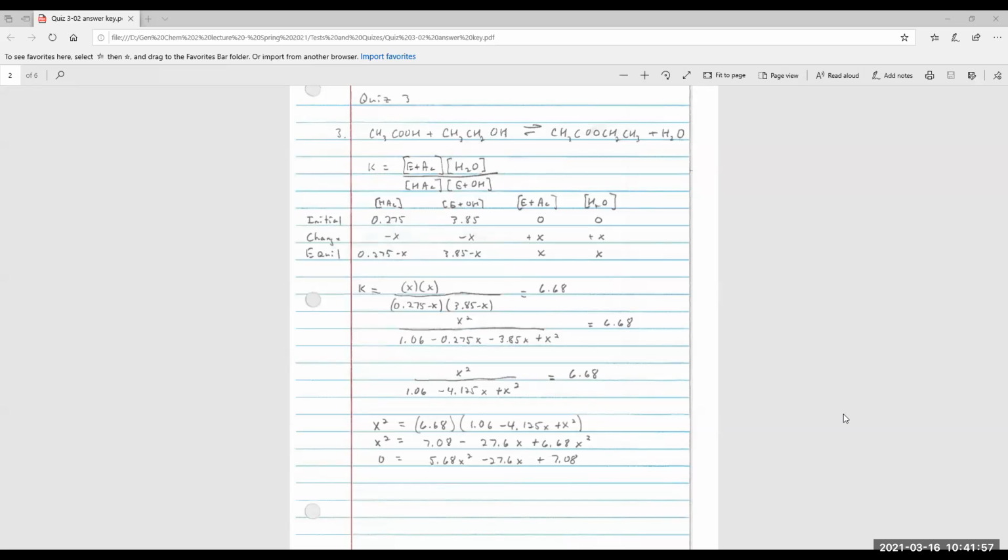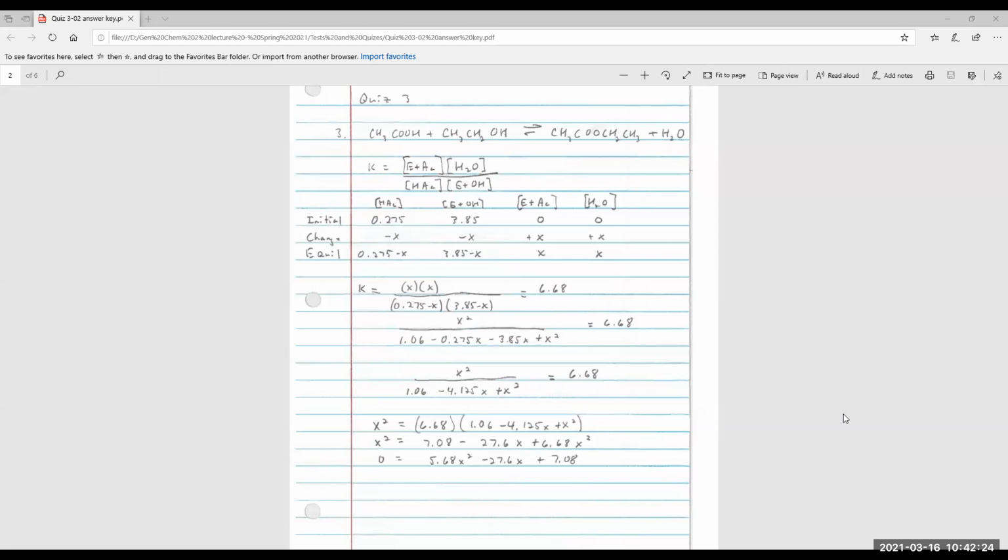The next thing to do would be to set up the table that we had talked about previously. With the table, we have our initial row, our change row, and our equilibrium row. And then we have our reactants, the acetic acid and the ethanol, and the ethyl acetate and water for the products.